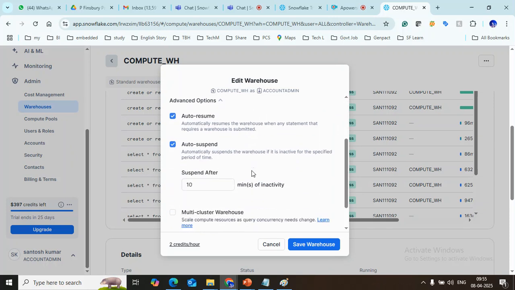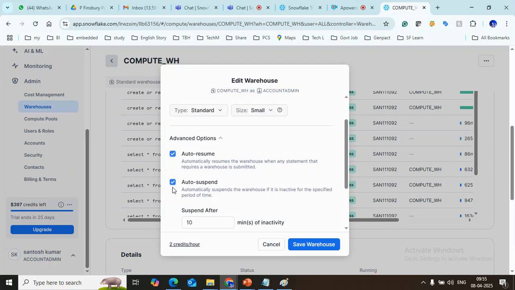Now coming to the option of auto resume and auto suspend. As I mentioned, it's associated with the charge. If the warehouse keeps running all the time, our credits are going to be wasted, right? We are not doing anything, but Snowflake is charging for that. That's why Snowflake gave the features auto resume and auto suspend.